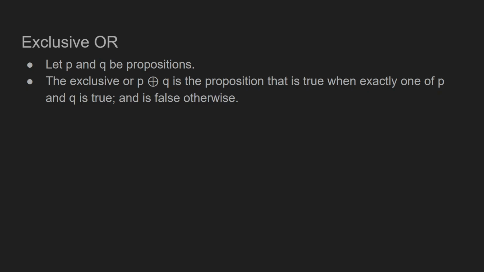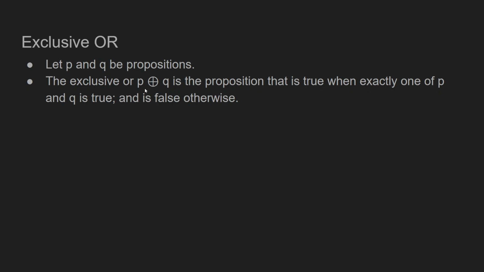Otherwise, this is false. That means only one of P or Q should be true. If both are true, then it will become false. If both are false, then P exclusive OR Q remains false.